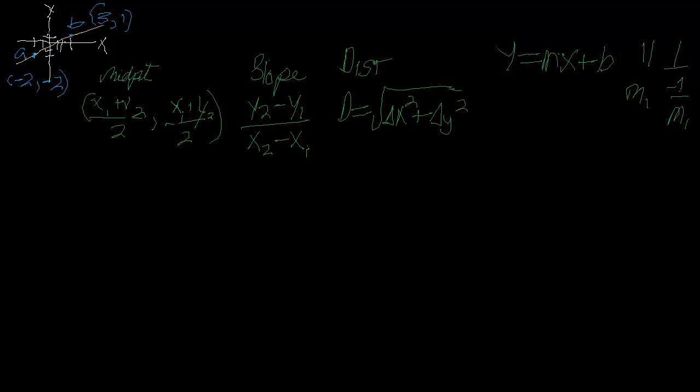So our first point will be on the left, A, and on the right, B will be our second point. It's optional because addition is commutative. So we have adding minus 2 and 3, and dividing by 2. And then we have minus 2 and 1, adding and dividing by 2.